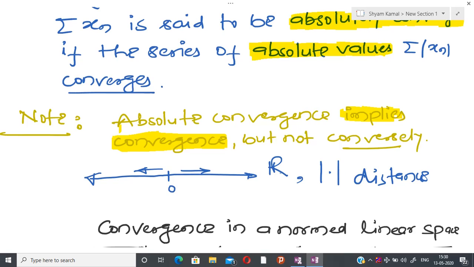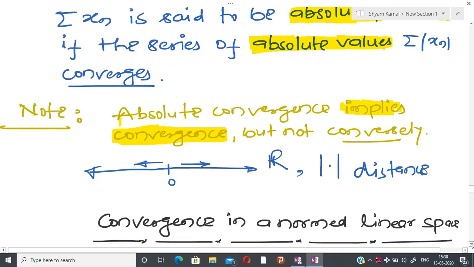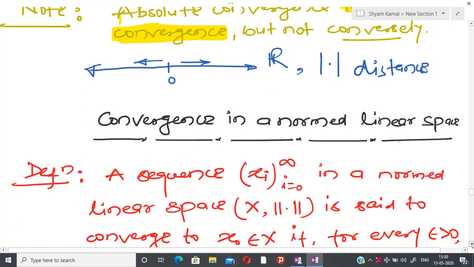So due to that reason, things that are very simple in one dimensional space are not going to remain as simple in higher dimensional space. In order to talk about convergence in higher dimensional space, I can talk about convergence in a metric space also.